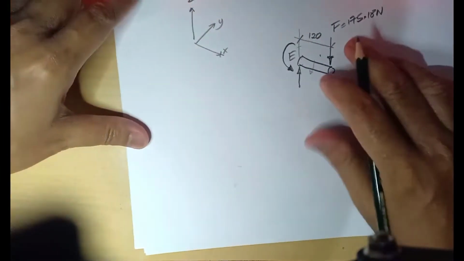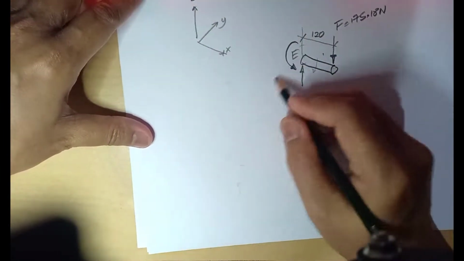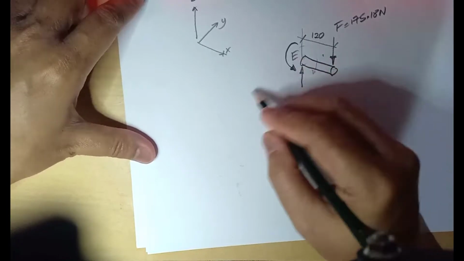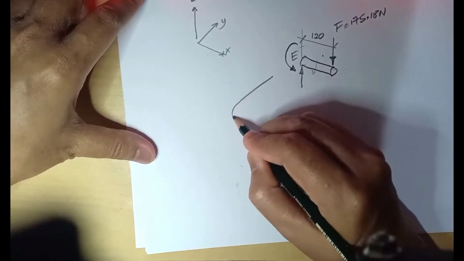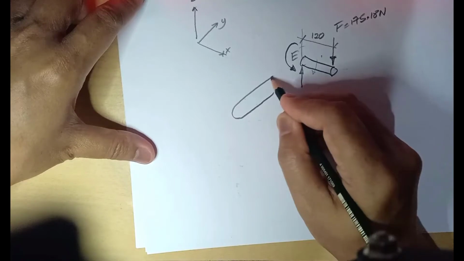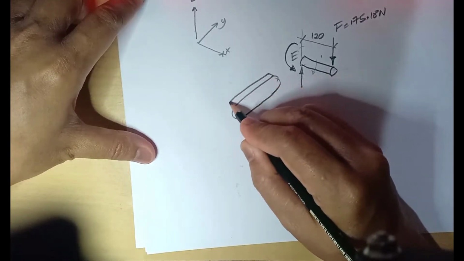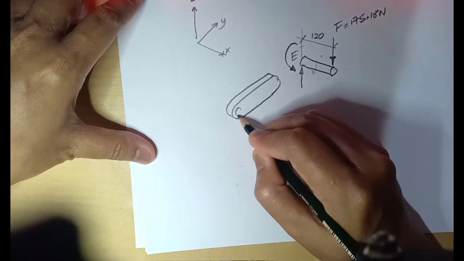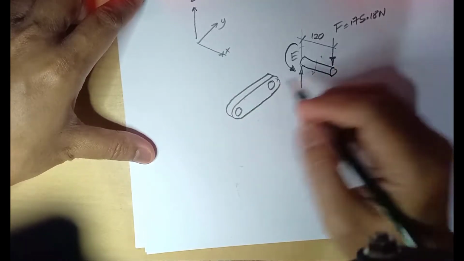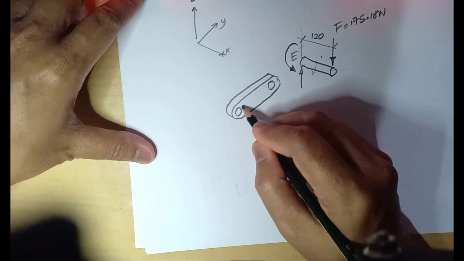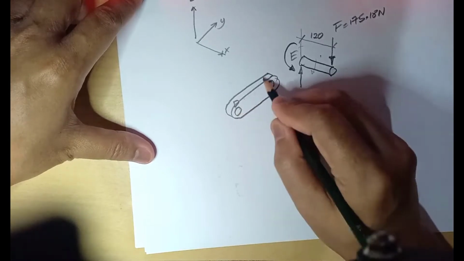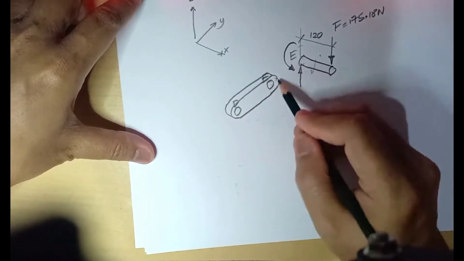Okay, and if we look at member BE, DE, this is our member DE. So DE will be joined here.